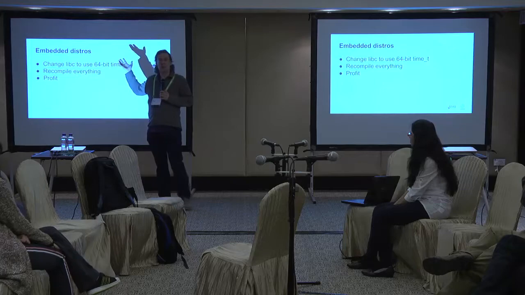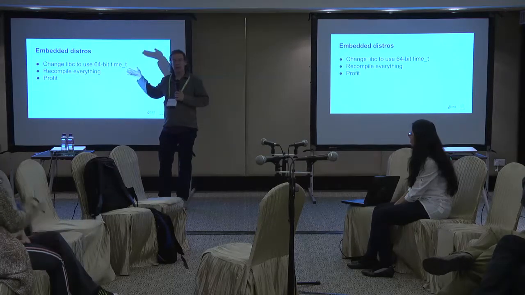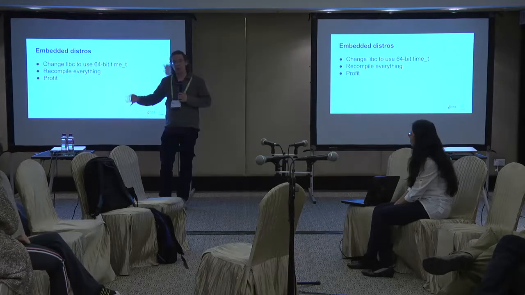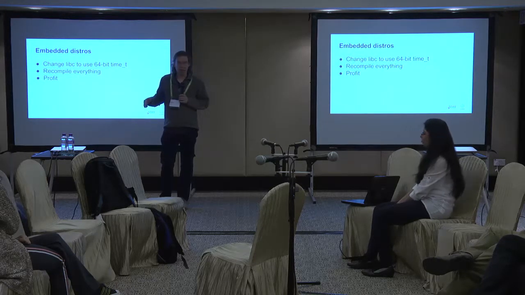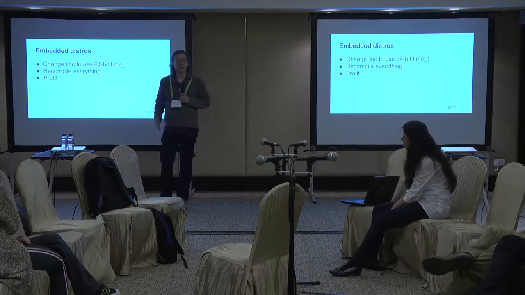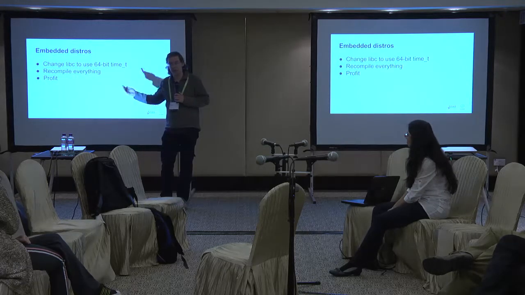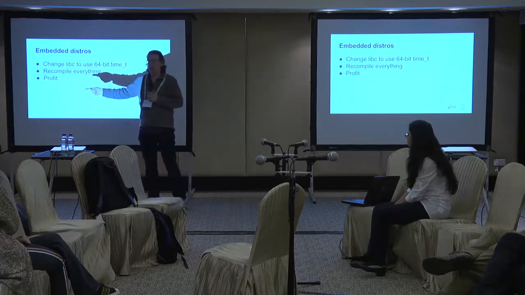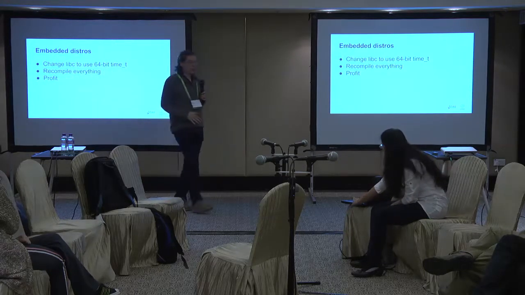Once we have completed the work in the kernel, they can change the C library to use 64-bit time_t, recompile all their user space, which is the normal model on embedded systems anyway. If you have something like OpenEmbedded or OpenWRT or Buildroot, you always build everything from source at once. So you just define this type to match the new definitions in the kernel, recompile everything, and it works.